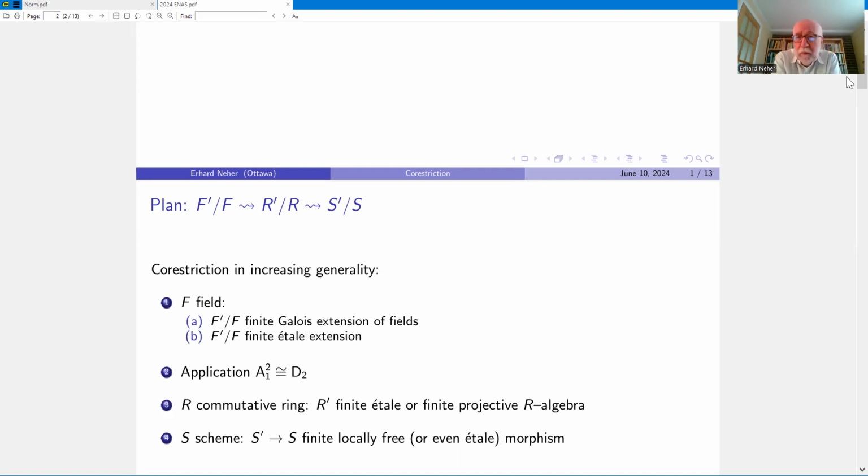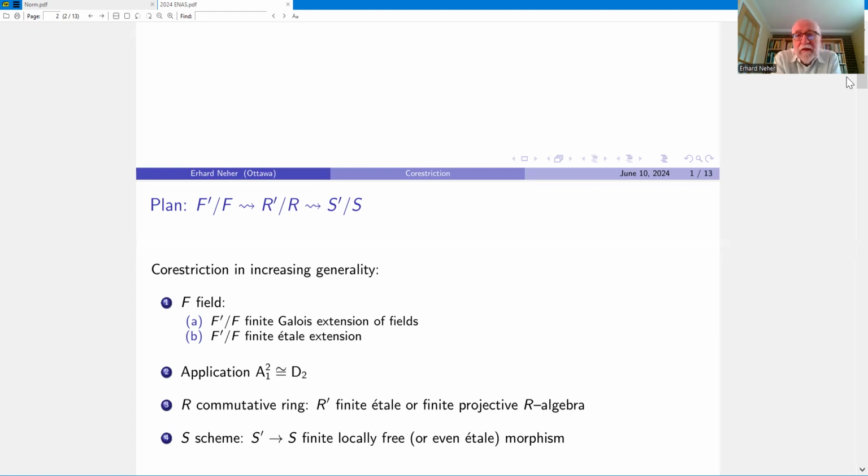I will tell you a little bit about why I became interested or fascinated by corestriction. And this will lead then naturally to generalizations of corestriction, where the setup of finite Galois extensions of a field is replaced by a setting where the base structure is just a commutative ring, and we look at finite étale or finite projective R-algebras.